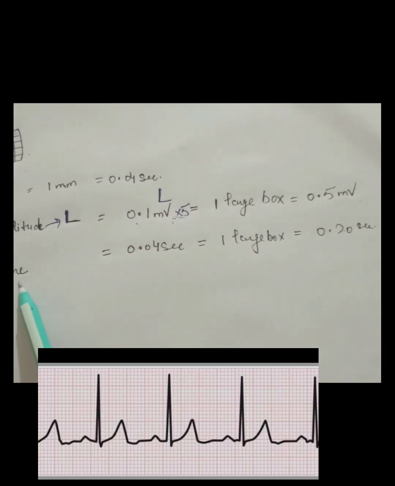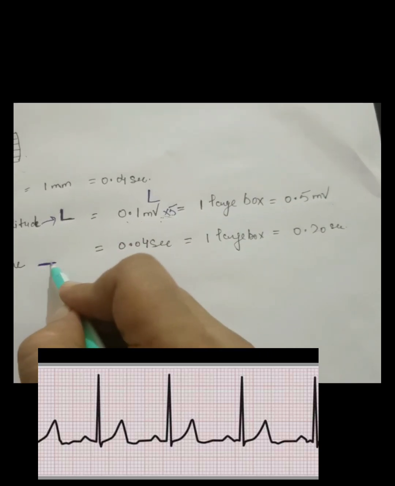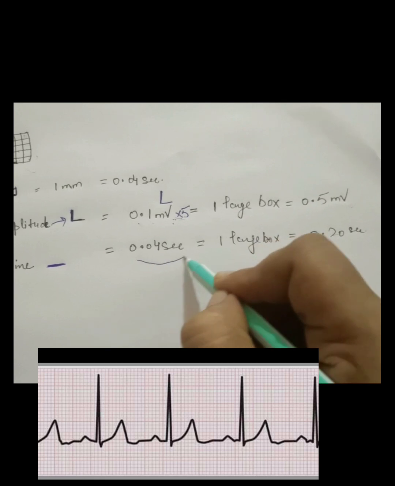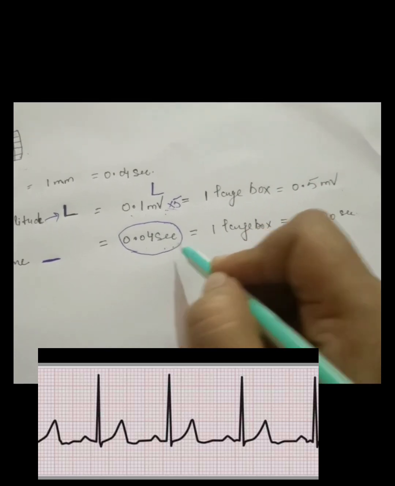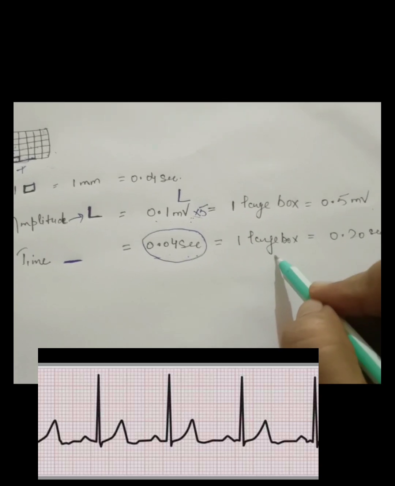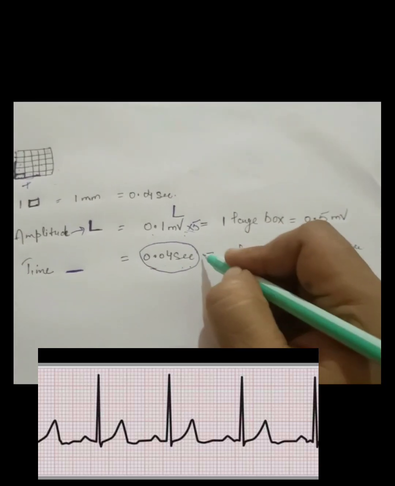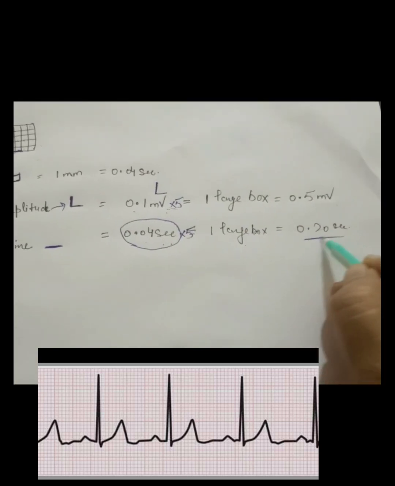Now coming to time, which is on the horizontal axis. One small box is 0.04 second. In one large box we have 5 small squares, so if we multiply this by 5, we get 0.20 second.